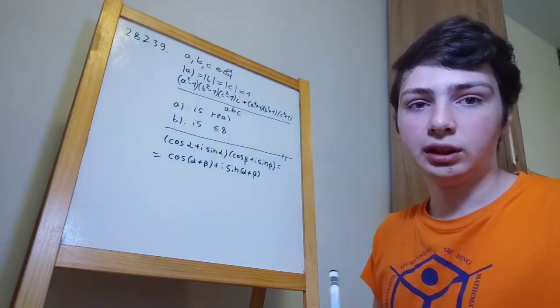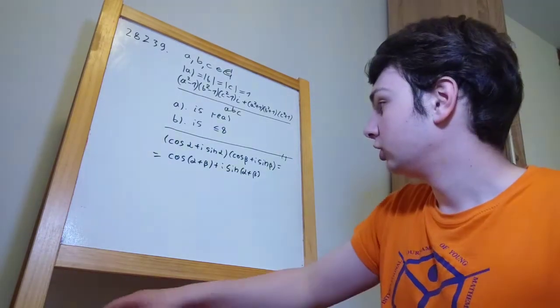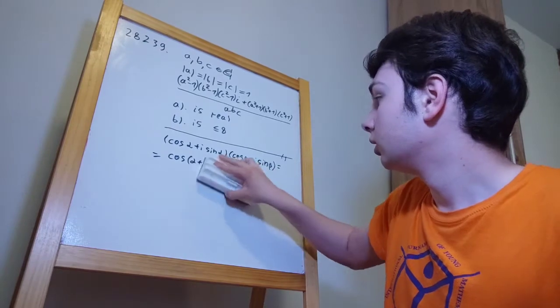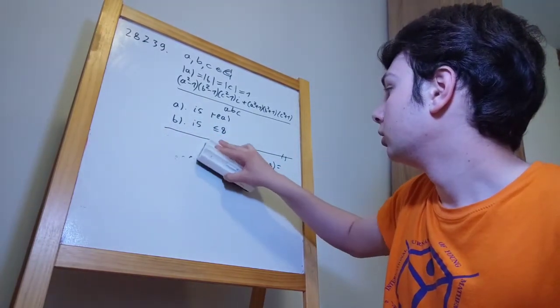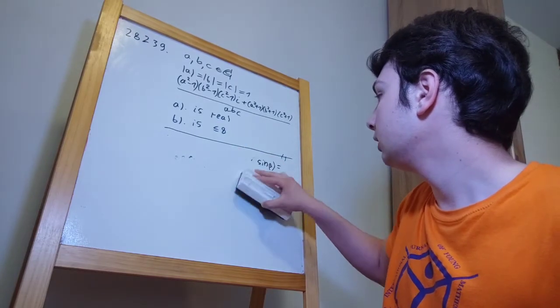So multiplication will help us here, which is why we have to consider the complex numbers A, B, C to be written in polar form.